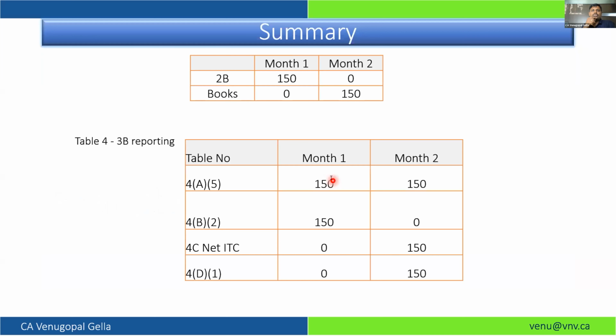Now, sir, if you look at this example, 2B in month 2 is 0, and the auto-populated value in 4A5 in month 2 is 0. But I have added 150 manually, and I am reporting it because I am equivalently reporting the value in 4D1. So if you are changing an auto-populated figure, you need to have a reason why you are changing it. Okay, sir. Good.